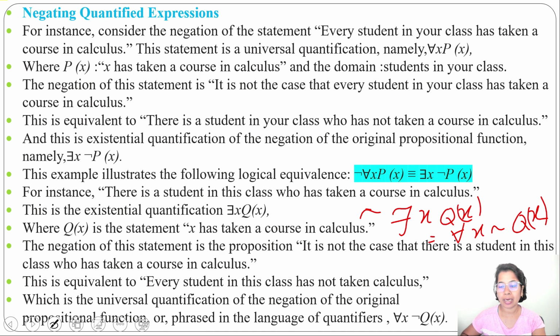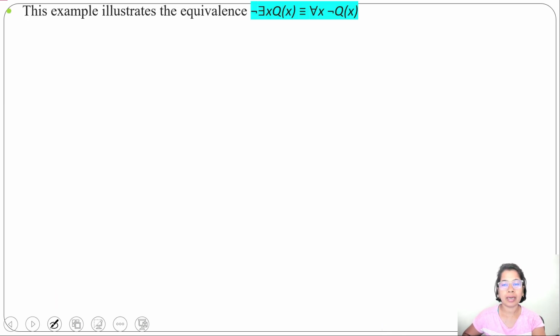So when we add negation before the universal quantifier, it changes to the existential quantifier, and in the case of the existential quantifier, it changes to the universal quantifier. So I conclude that negation of there exists x, Q(x) is equivalent to for all x, negation of Q(x).